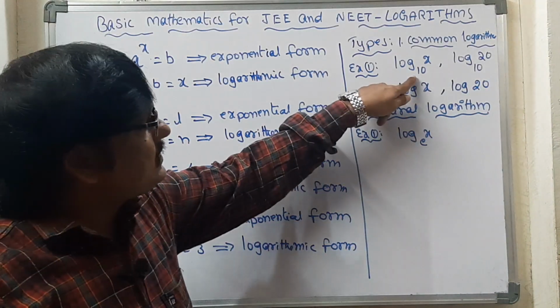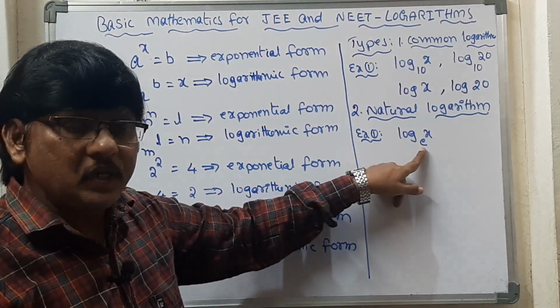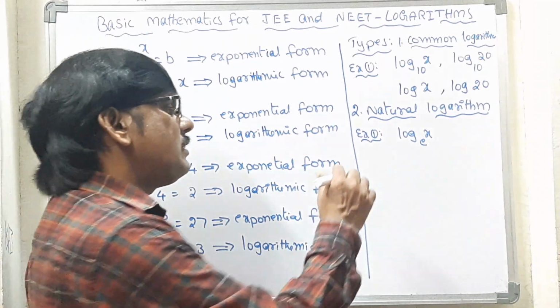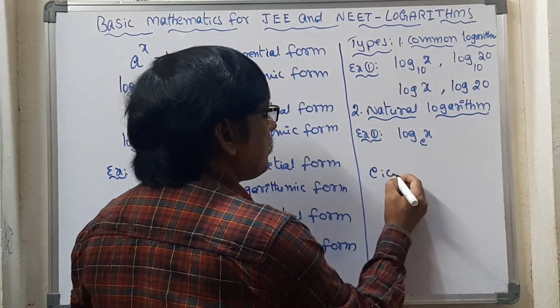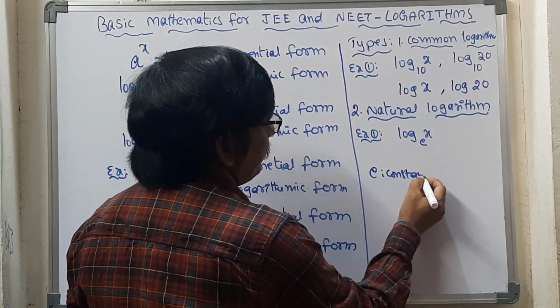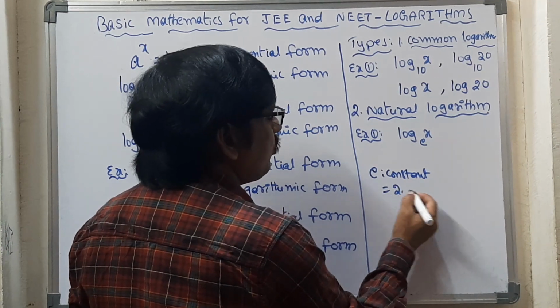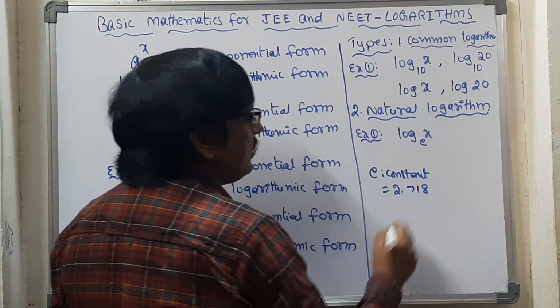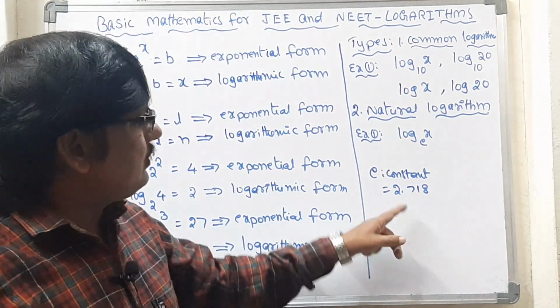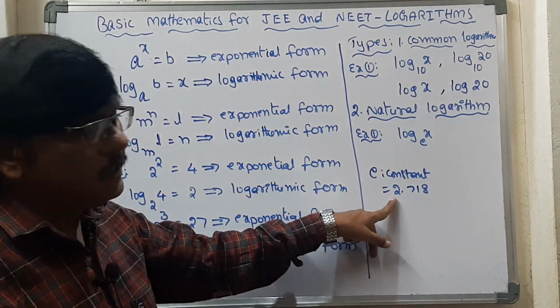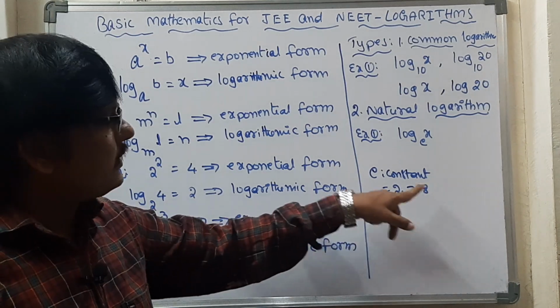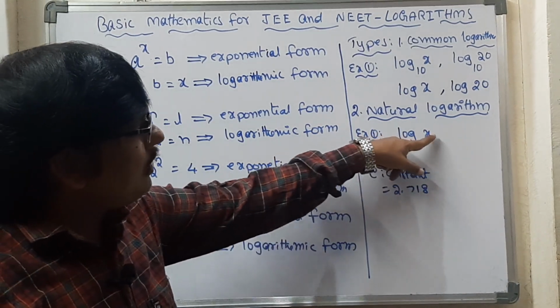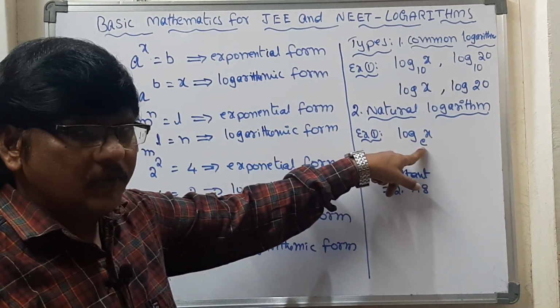Here the base is 10, here the base is e. What is e? e is a constant. The value we can take for the constant e is 2.718. And here if you observe, we have written log x base e.